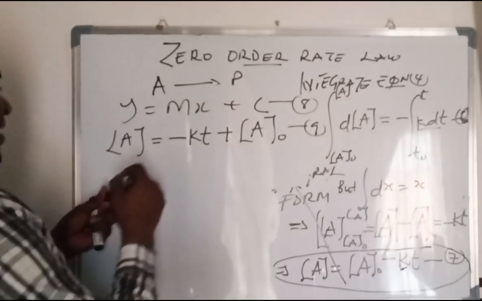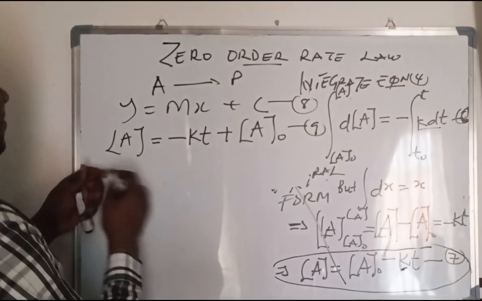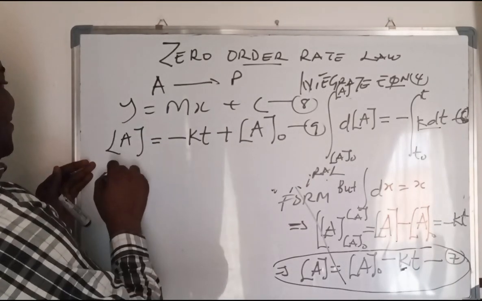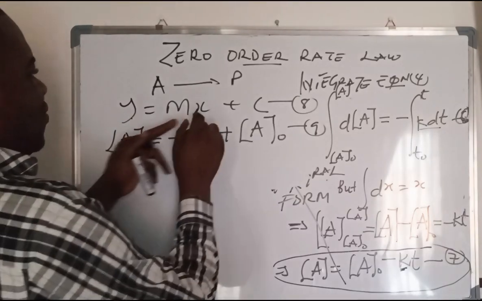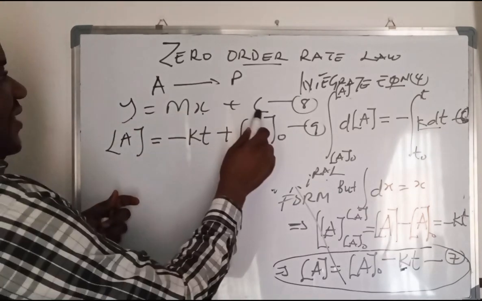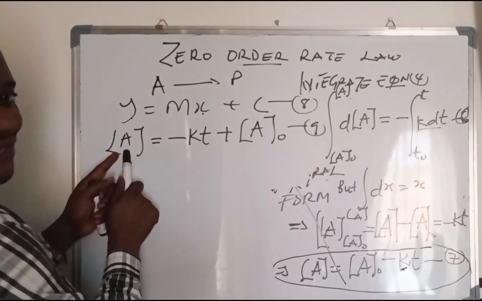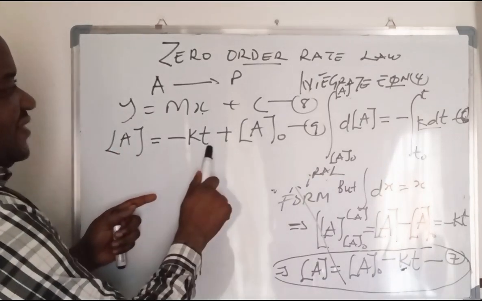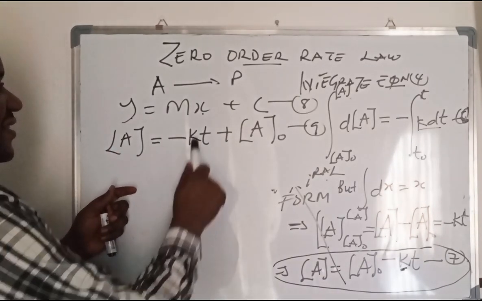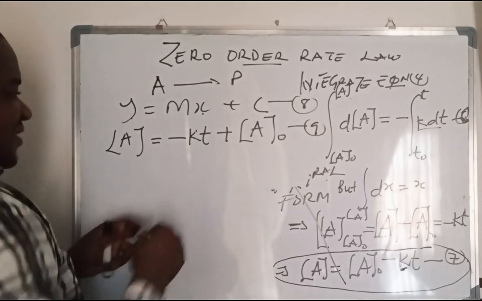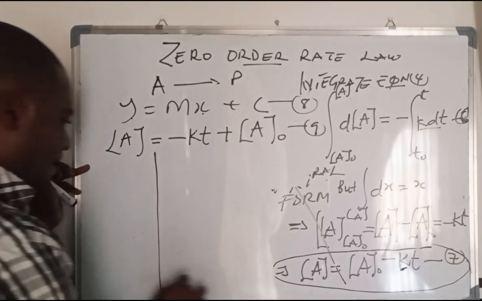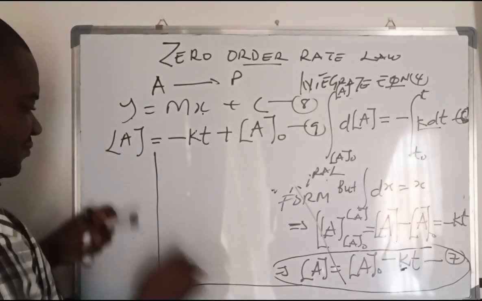So at this point, you can see that we can now plot a graph of y against x. And this is your intercept. So we plot a graph of concentration of A against t. This is the slope, this is the intercept. So a typical graph of that nature is like this.